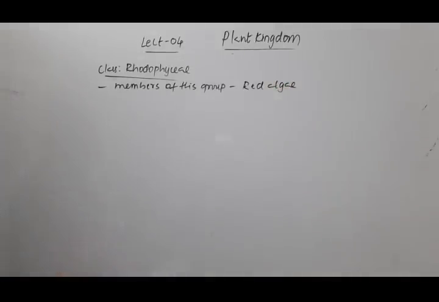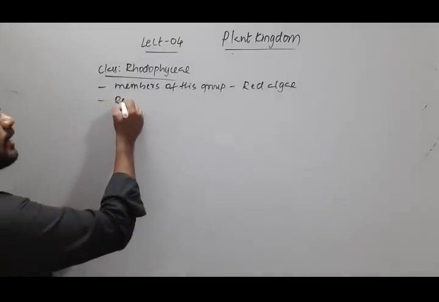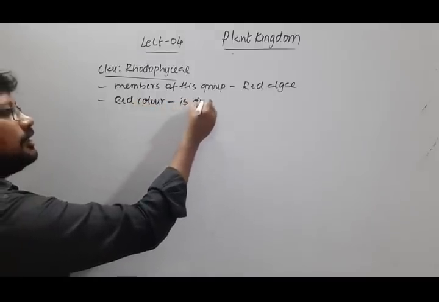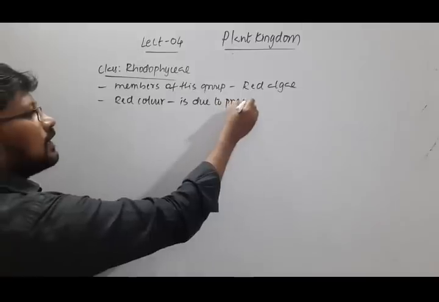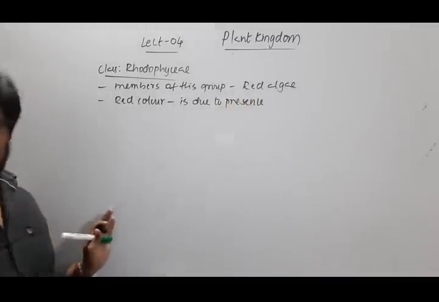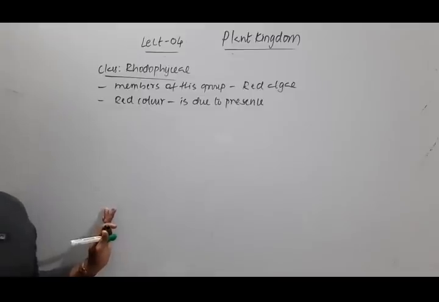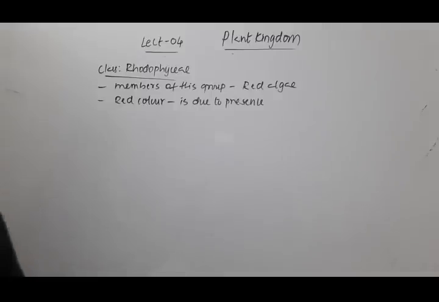The red color is due to the presence of pigments. Those pigments are the ones that impart coloration to the organism, that is, the algae in this case.